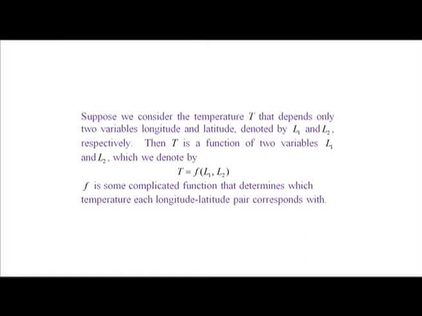Suppose we consider the temperature T that depends only on two variables, longitude and latitude, which are denoted by L1 and L2 respectively. Then T is a function of two variables L1 and L2, which we denote by T = f(L1, L2). f is some complicated function that determines which temperature each longitude latitude pair corresponds with.